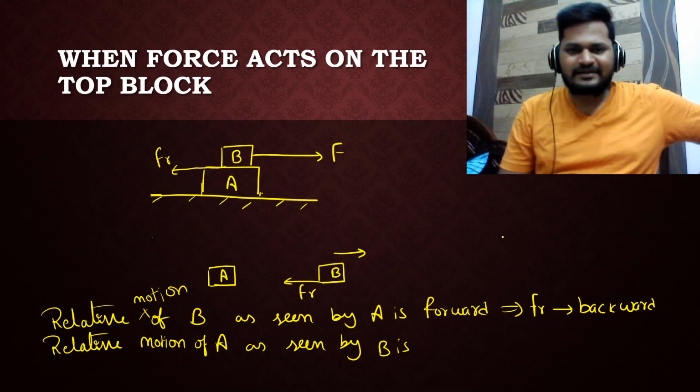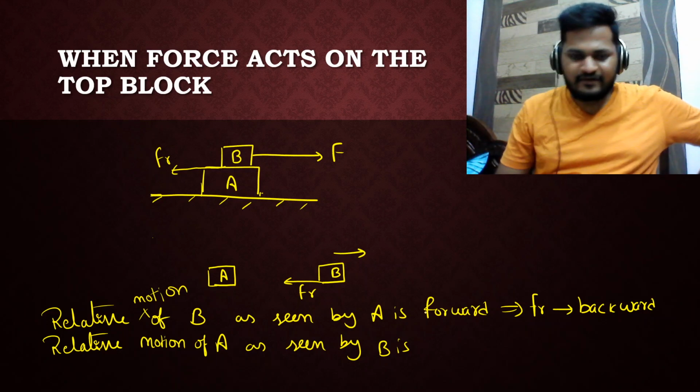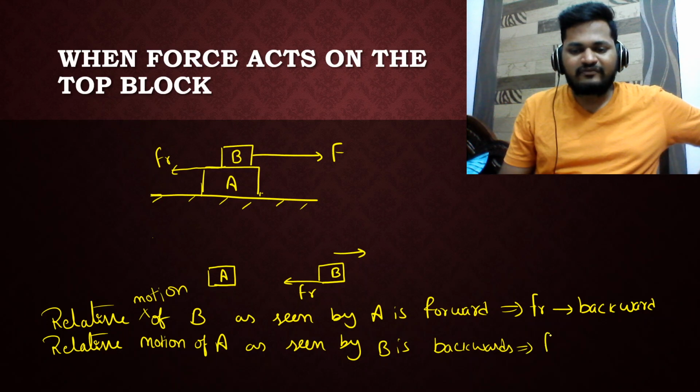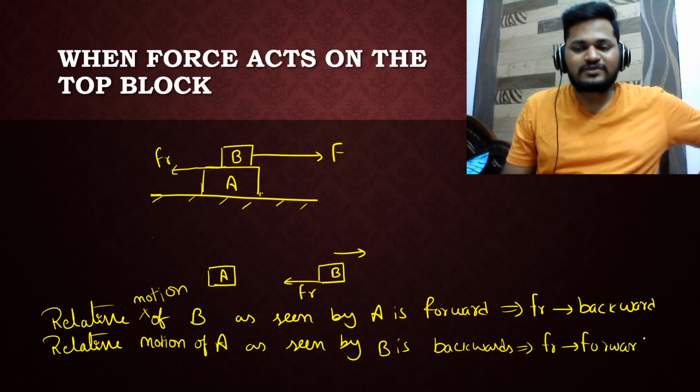Same as that bus and tree example. If bus is moving forward, it sees the stationary tree as if it is moving backward. So here also A will see as if B is moving backwards. So on it, friction should act in obviously forward direction because friction opposes relative motion. So friction on A will be acting in forward direction.